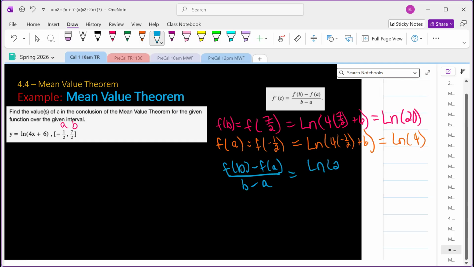So we get the natural log of 20 minus the natural log of 4 all over 7/2 minus -1/2. So that'll become plus 1/2. So 7/2 plus 1/2 is 8/2, which is 4.